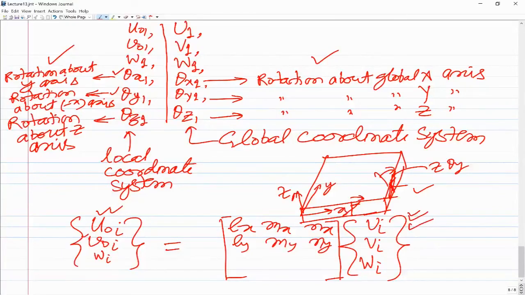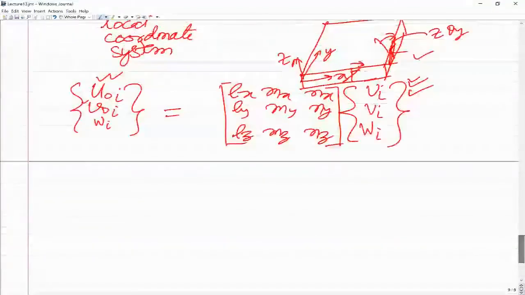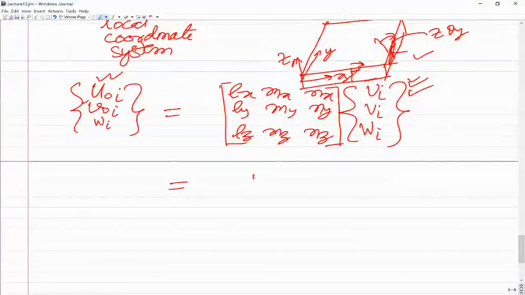So that would be lz, mz and nz. So this is what you will get, and now you can write this. Let me denote this matrix by some matrix L, and then of course this vector remains as it is, ui, vi and wi.